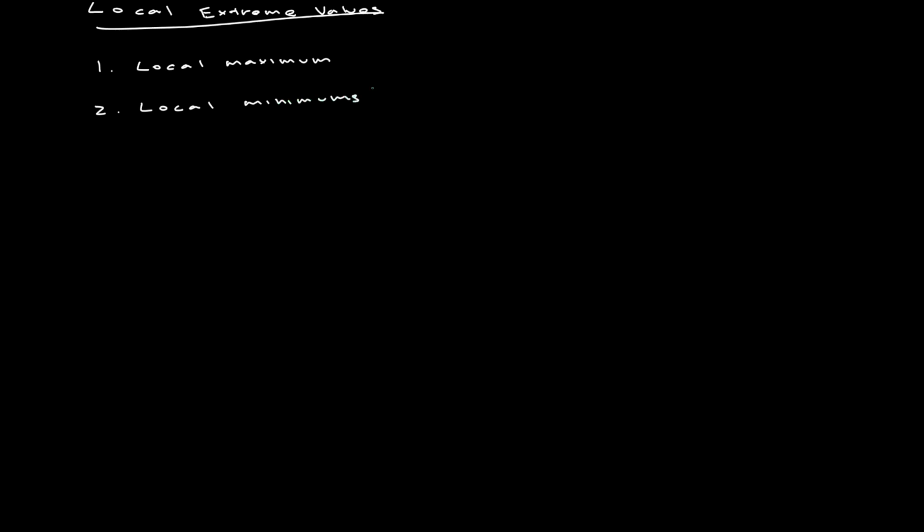So unlike absolute maxes and absolute mins, where we're worried about the point at which we have the highest ever value or the lowest ever value, local minimums and maxima are defined a bit differently. So point c is a local maximum if f of x is less than or equal to f of c for all x in some interval around c.